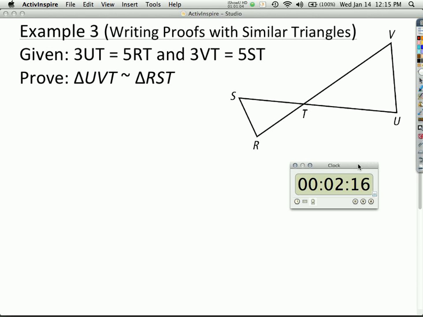Which angle would STR be? Yeah, UT. We can use SAS and then use the other side. I should say we use SAS and the other side.